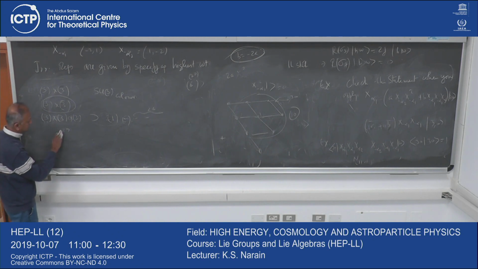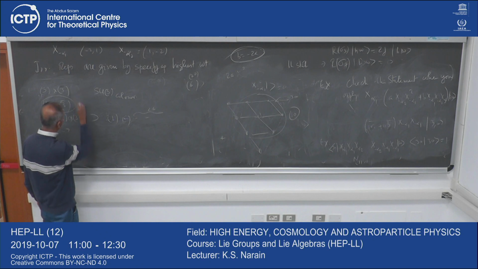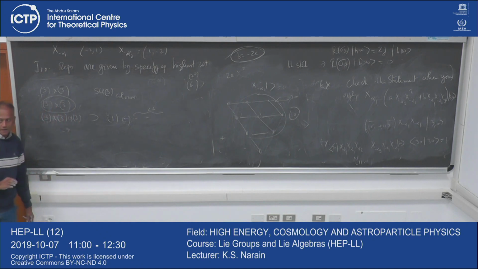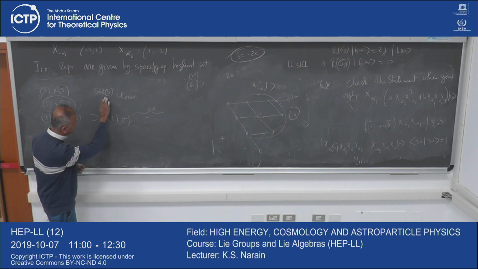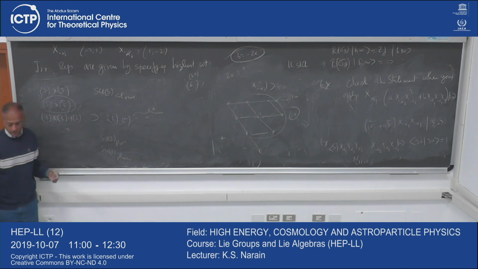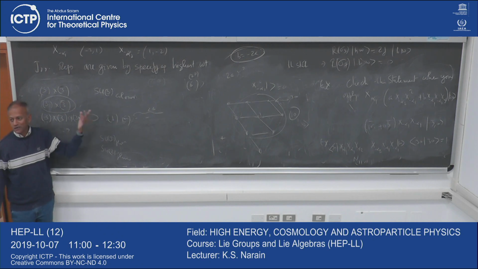So there's 27. So these are a few interesting questions from this point of view. And of course, then you can talk about the flavor group. In the flavor group, you can also consider another group, different from this group: SU3 flavor, or sometimes SU2 flavor, etc. In fact, when Gell-Mann introduced SU3 in particle physics, SU3 was already known, but he was thinking in terms of flavor, because QCD was not even known at that time.